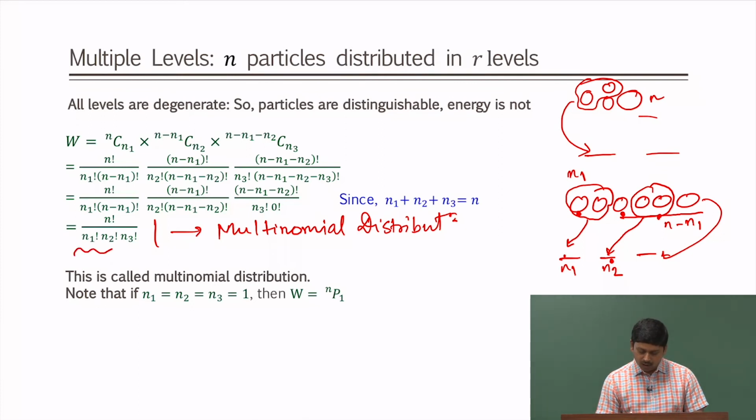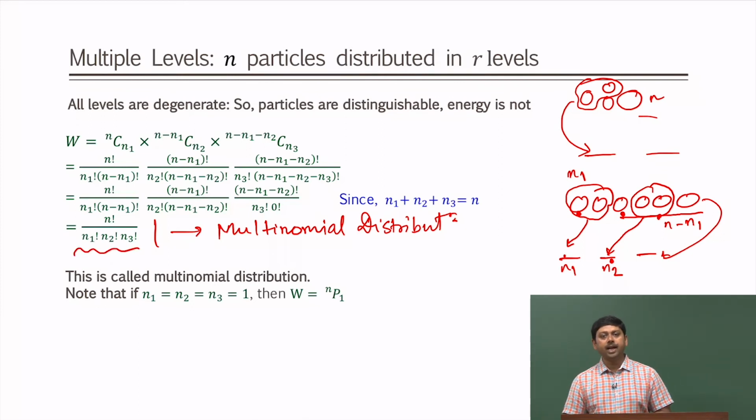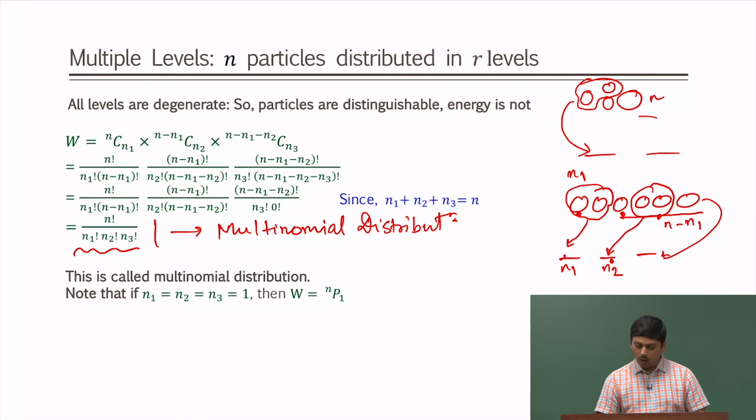So now, this is the formula that needs to be used when we are talking about distinguishable particles and multiple labels. Still, you see, we have only one constraint here, that is the total number of particles has to be some value n. However, we do not have any energy constraint here. So this formula is typically applicable when we have all degenerate energies, that means all energies are equal.